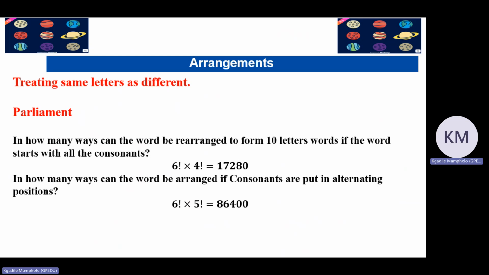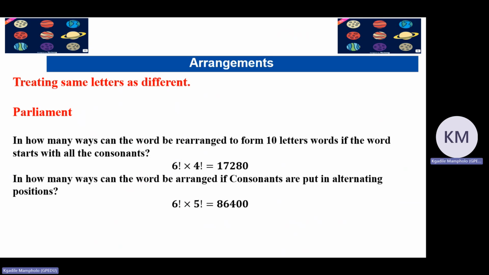In how many ways can the word be rearranged to form 10 letter words if the word starts with all the consonants? So now the consonants are at the beginning. That's why I have 6 factorial, because now there are 6, but we didn't say the first one must be P. That means those consonants can still be arranged differently.